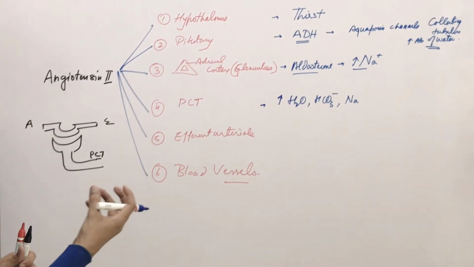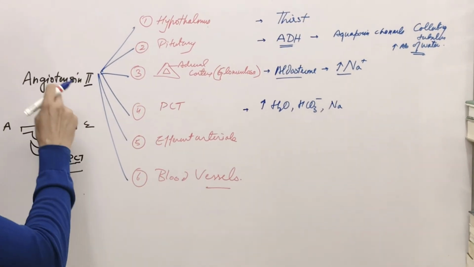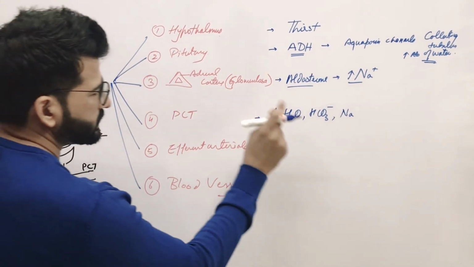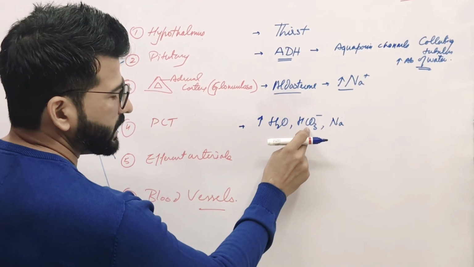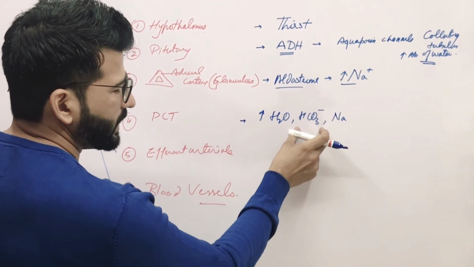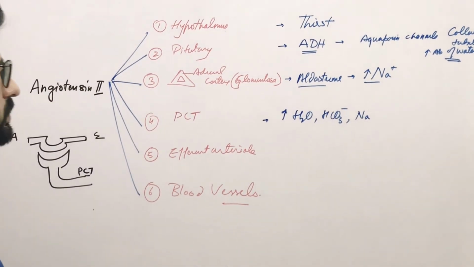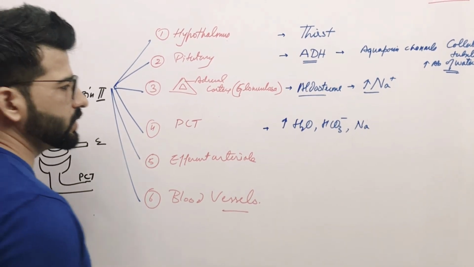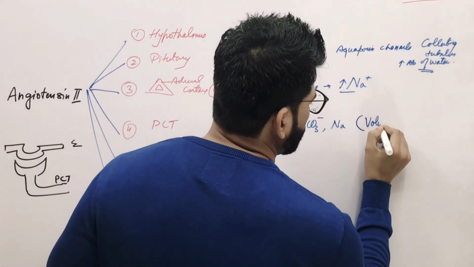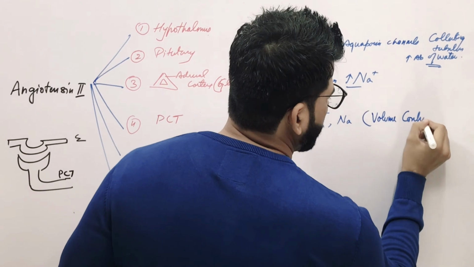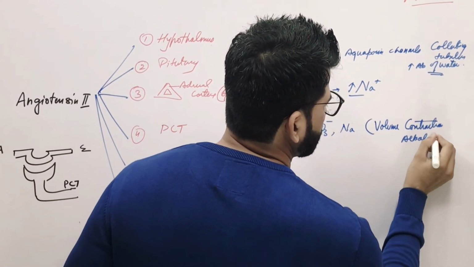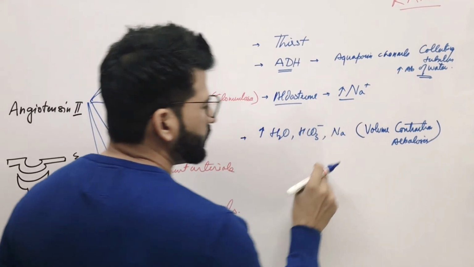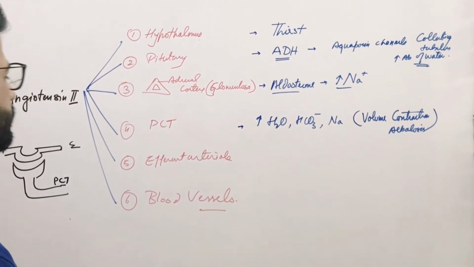Now this decreased blood volume is causing renin to produce angiotensin 2, and it is absorbing water as well as bicarbonate. This absorbing of bicarbonate is causing alkalosis. So this is called volume contraction alkalosis. Just remember, wherever the sodium will go, the water will follow.